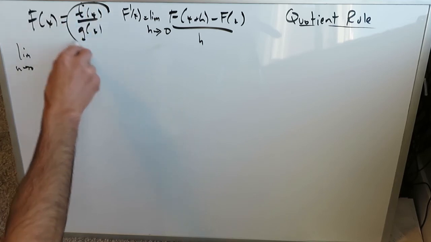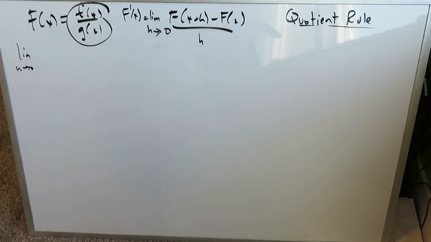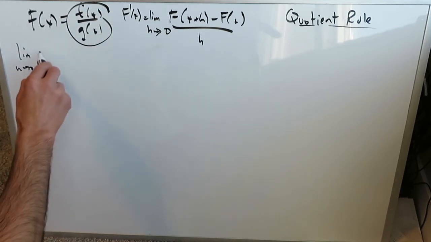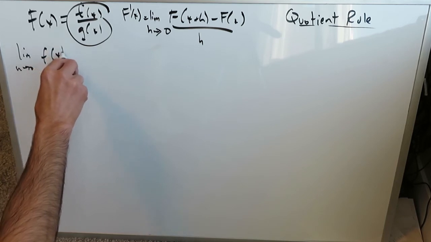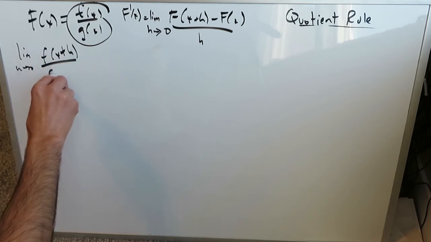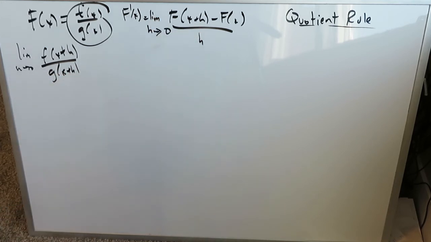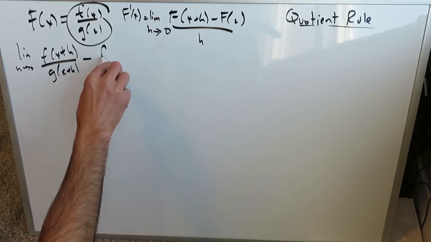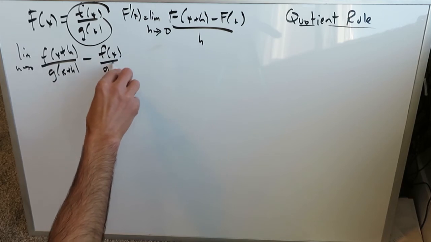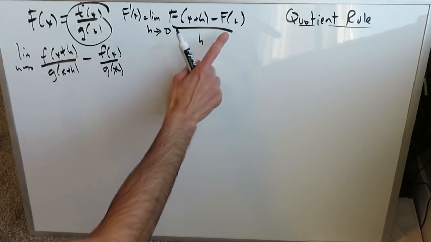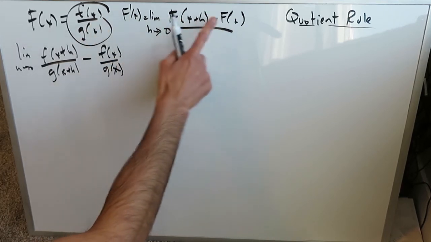What you have to do is fit this form into what you have there, and it's not hard. You end up having f of x plus h over g of x plus h, then minus f of x over g of x. This represents the substitution of this rational function, and everything is all over h.